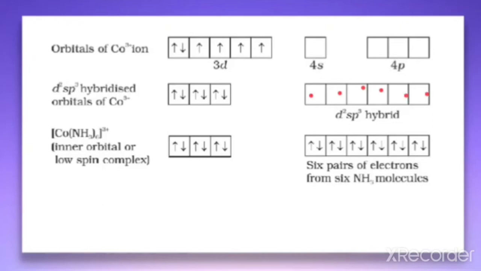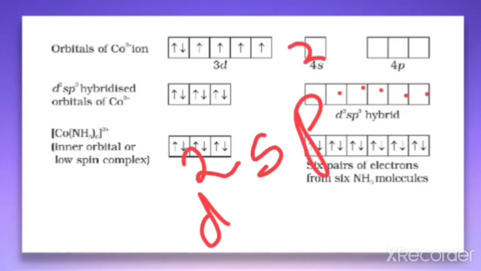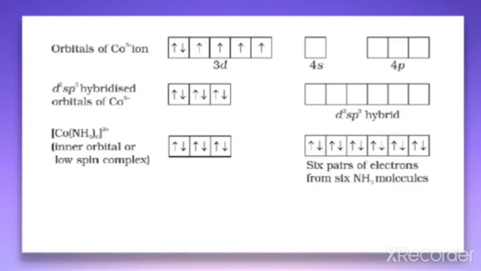How is it 6? 2 d orbitals, 1 s orbital, and 3 p orbitals undergo intermixing. As we have learnt in hybridization, the number of orbitals undergoing hybridization equals the number of hybrid orbitals formed. So 6 hybrid orbitals are formed.